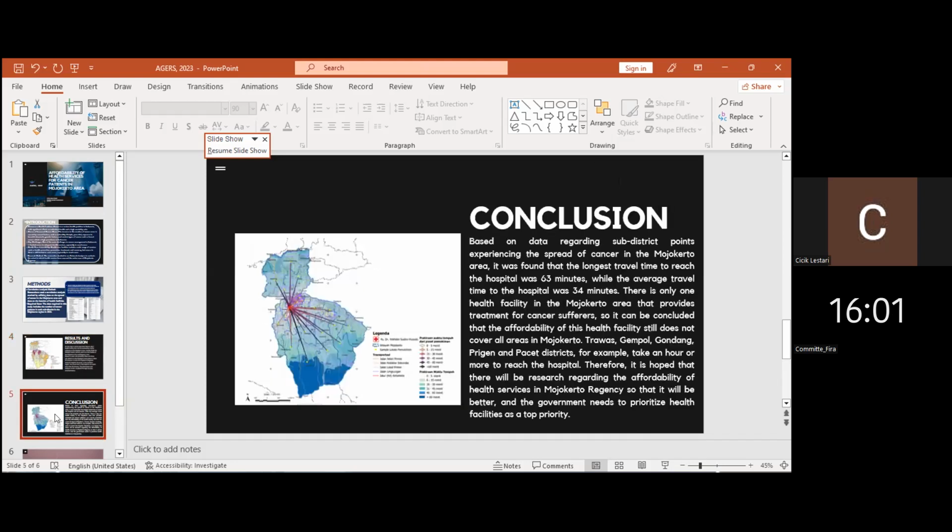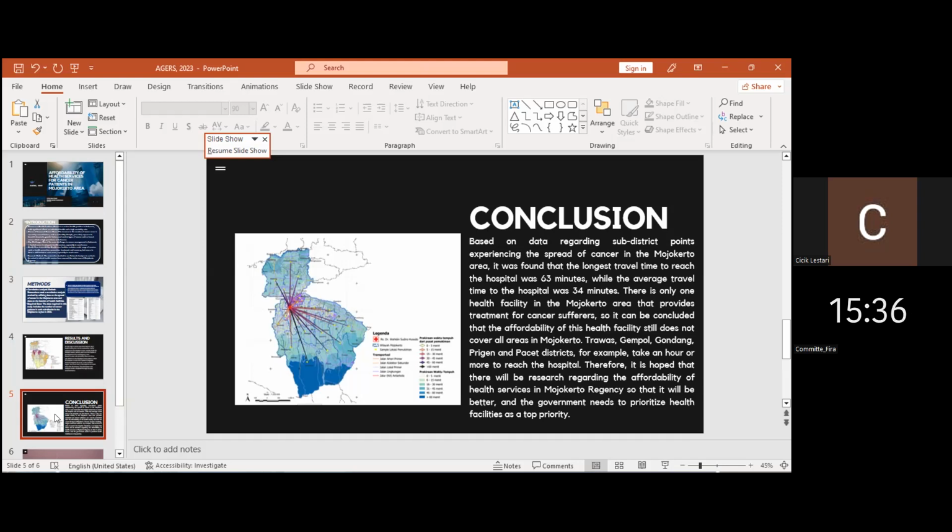Then the last one is the conclusion. Based on data regarding sub-districts experiencing the spread of cancer in the Mojokerto area, it was found that the longest travel time to reach the hospital was 33 minutes, while the average travel time to the hospital was 34 minutes.